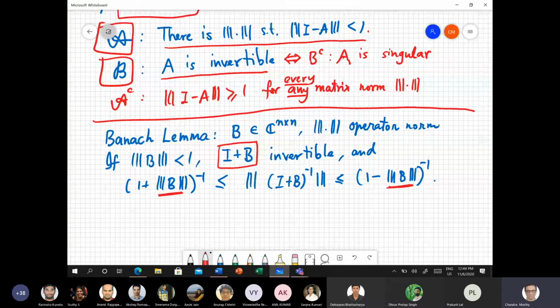This is well beyond what we want to cover in this course, but I mention this only to tell you that in this context, any and every are one and the same because we have fixed the matrix A. We are only looking at whether this norm is greater than or equal to 1 for this given single matrix A. But when we start talking about random matrices, there is a difference between any and every.